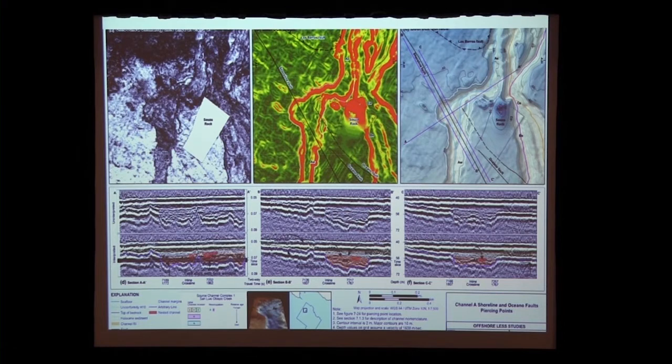Some of that lower channel fill is offset by that fault. You can see it here. It goes up in there. This is produced from a very narrow window that we used at 5 milliseconds across this area to see if indeed we saw offset in the channel fill. And it does show it, and it shows it best here.